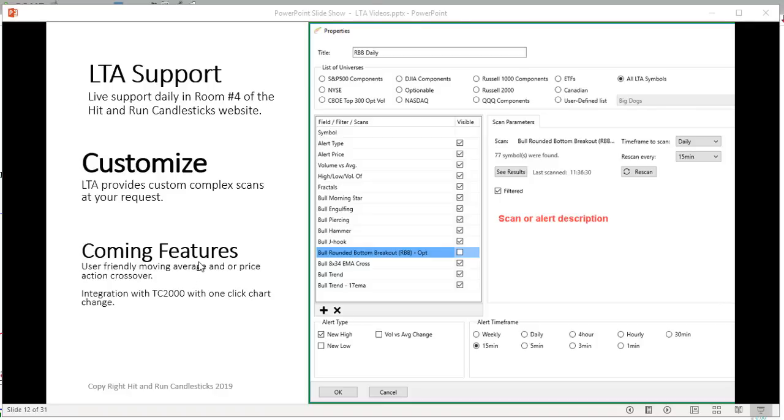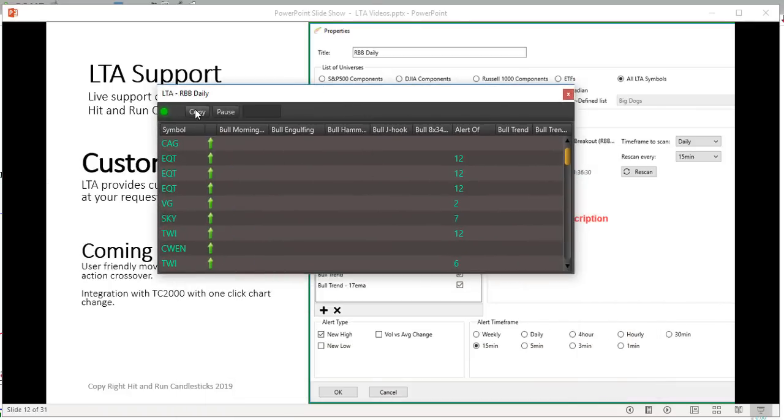Coming features: integration with TC2000. Yahoo! We're talking one-click chart change. As an example, here's my rounded bottom breakout. If I come over here and click on CAG, it'll change the TC2000 chart.